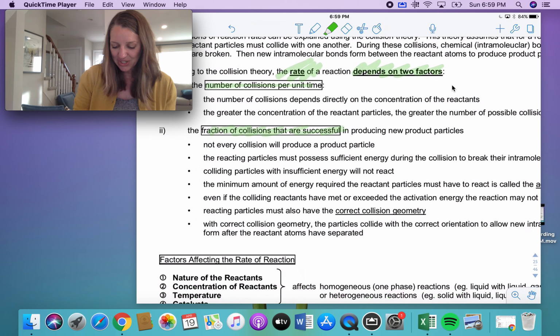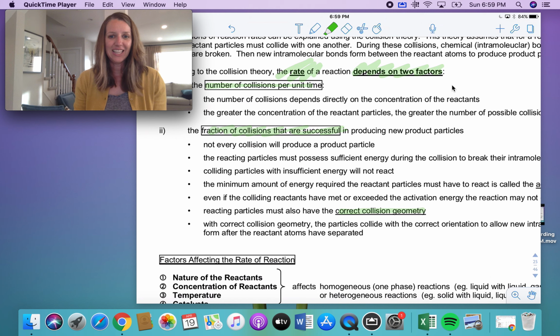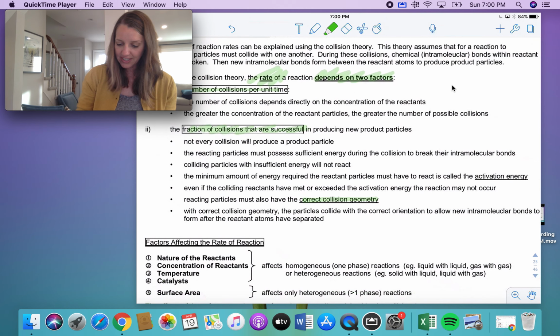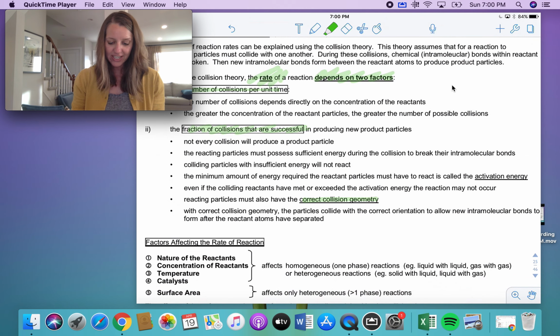And this has to do with correct collision geometry, all right? So if there are particles to collide to begin with, and if those particles collide with the correct collision geometry, then you're going to be able to increase the rate of a reaction, okay? So those are the factors that depend on it.